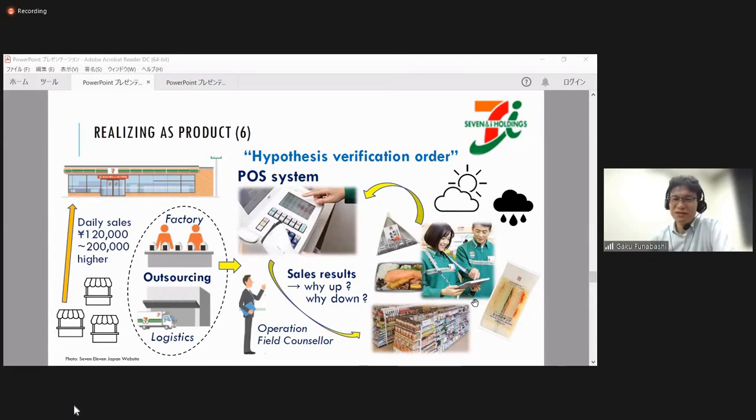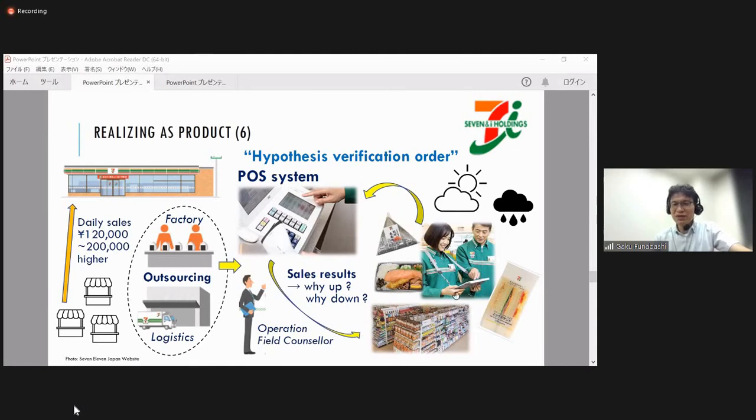Sometimes they have a festival and so on. So not only using this data, they ask the employees, staff of the shop, to get the information of the regions, including events, weather forecast, and so on, and decide what should be ordered.